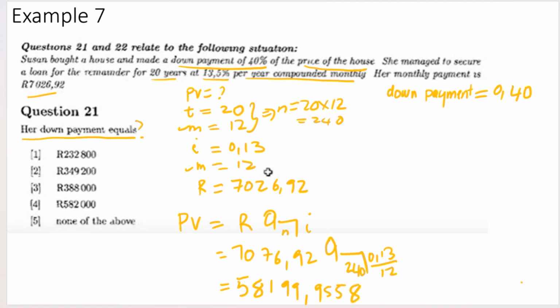Okay, so now we've got our present value. For us to get the down payment amount, we need to know the actual cost.